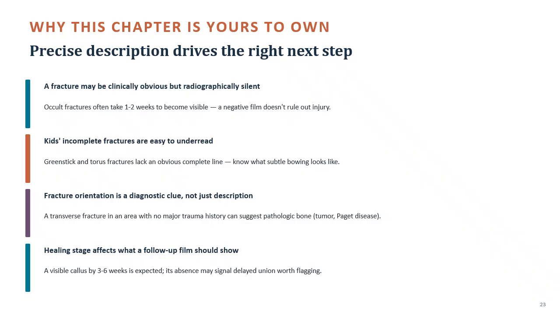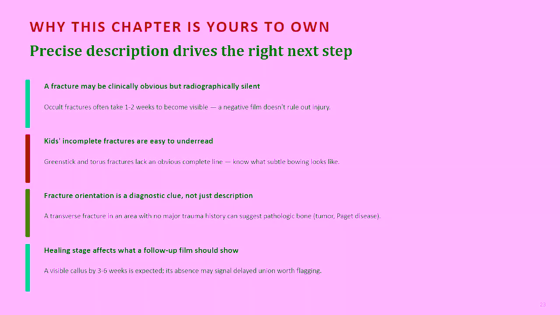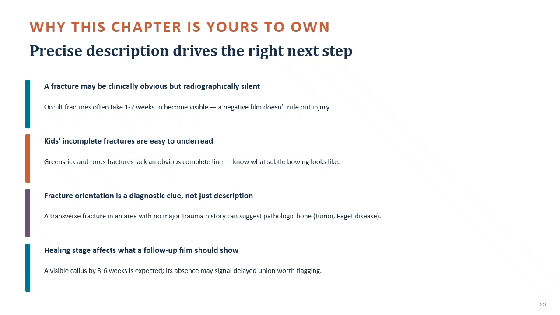Pediatric incomplete fractures are another challenge, and that's because of the subtleness of their breaks. Some of the things that they look for are bowing and buckling. They look for those small cortical irregularities rather than only searching for a fracture line.